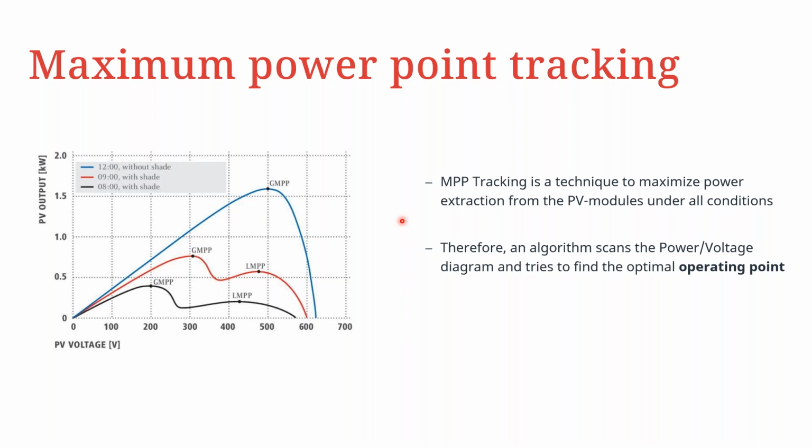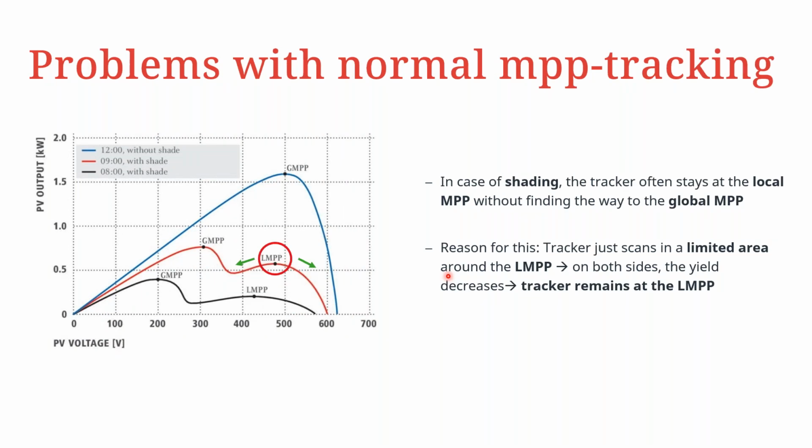And therefore, for this to happen, you have to scan the IV curve, looking at the best operating point. However, there are some problems with typical or normal maximum power point tracking algorithms, because in the case of shading, the tracker often stays at the local maximum power point without finding the new global maximum power point.